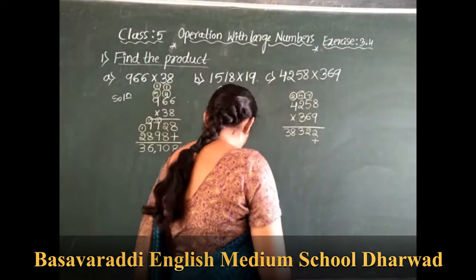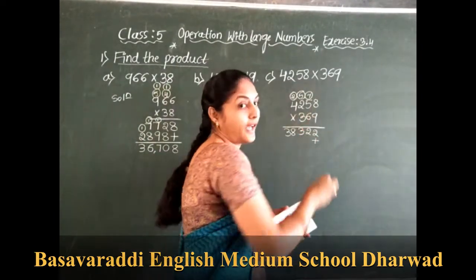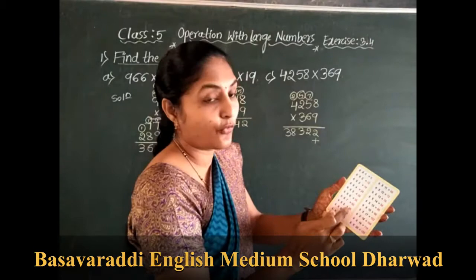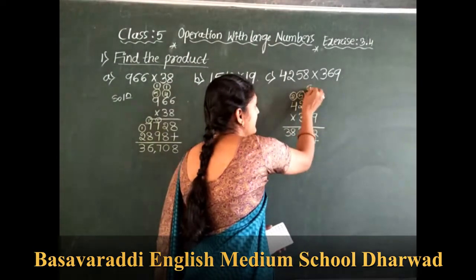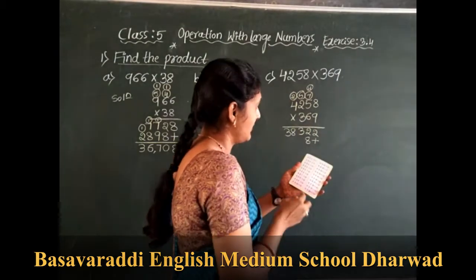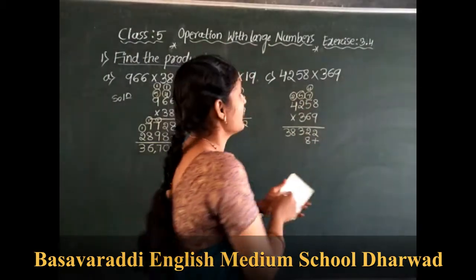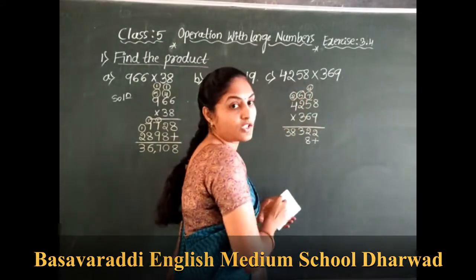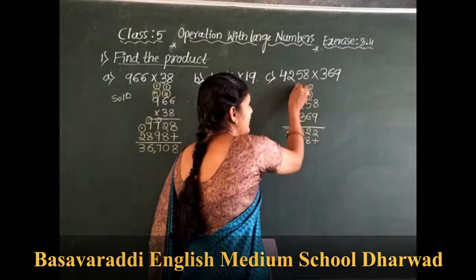Next, 6 8s are 48. The 6 is multiplied 8 times. So write 8 here and 4 carry over. Next, 6 5s are 30. 30 plus 4 is 34. So 4 here and 3 carry over.